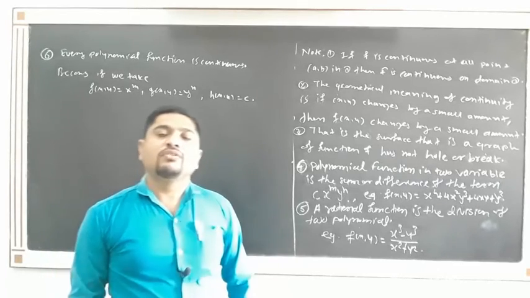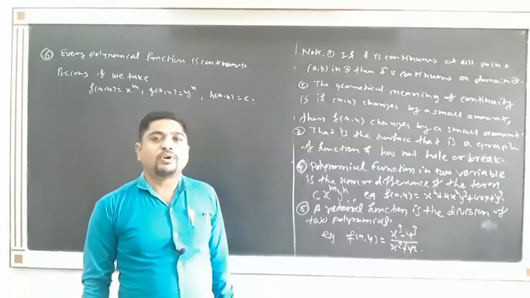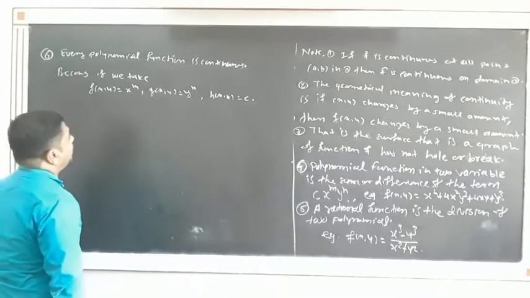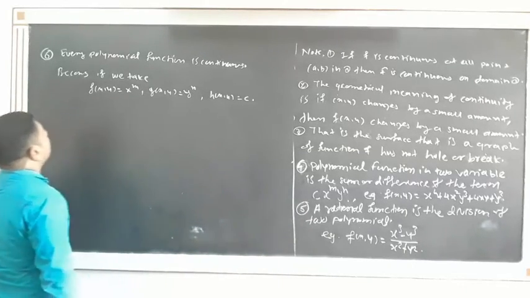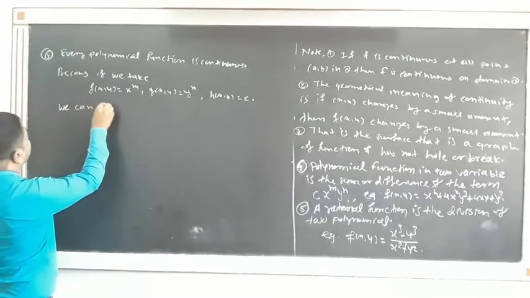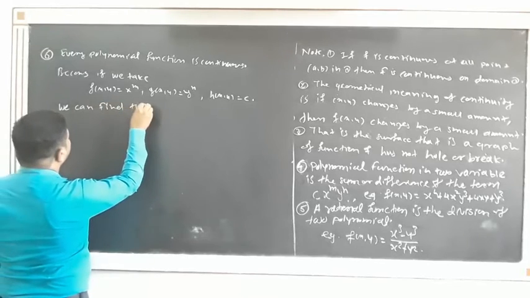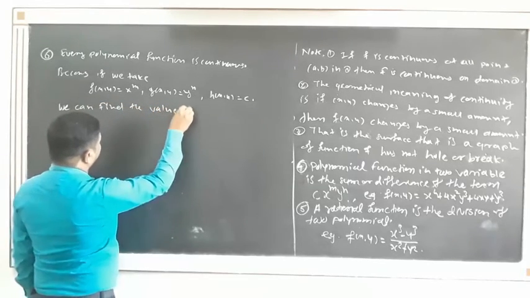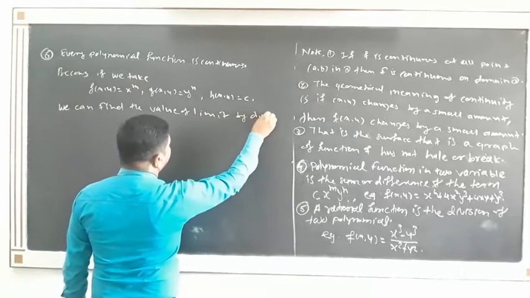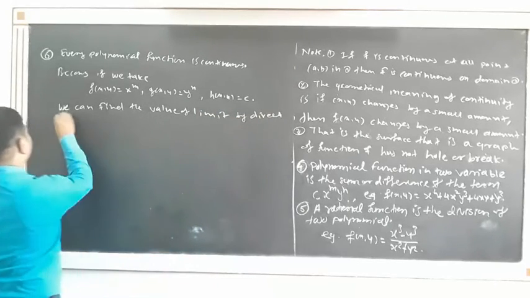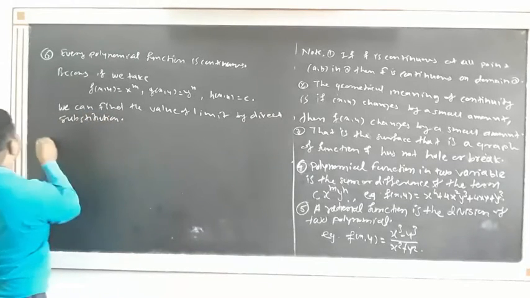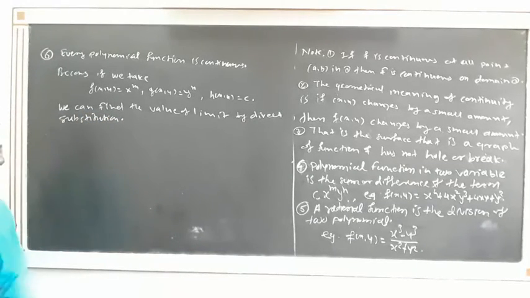That means this polynomial function is always continuous at any point, and we can find the value of the limit by direct substitution. So put the value directly and you will get the answer.